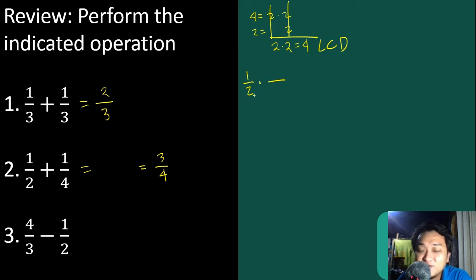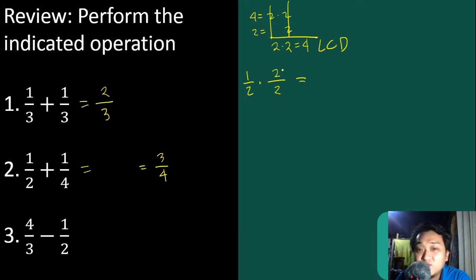Kailan magiging 4 si 2? That is only if we are going to multiply 2 by 2. So, 2 times 2 is 4. So, magiging pareho na sila ng denominator. Pero, the rule here says that kung ano yung minultiply natin sa denominator, i-multiply din natin sa numerator.